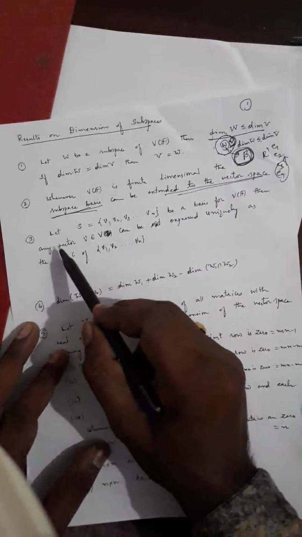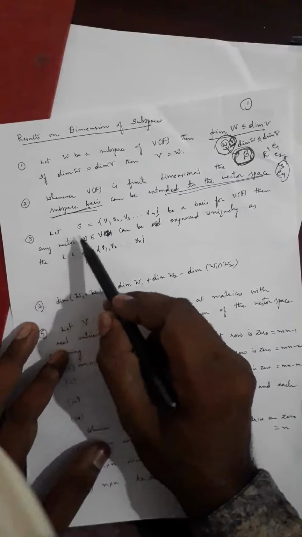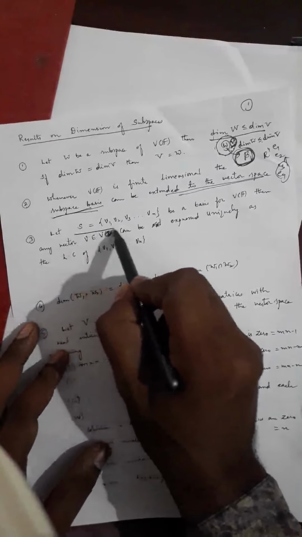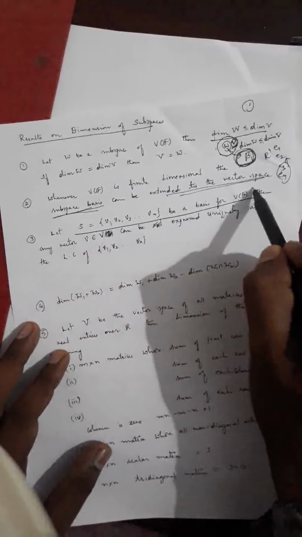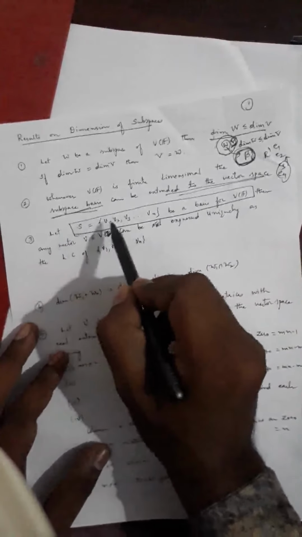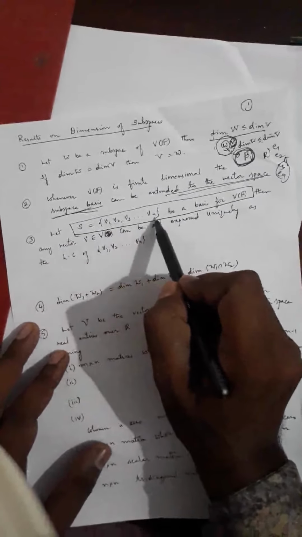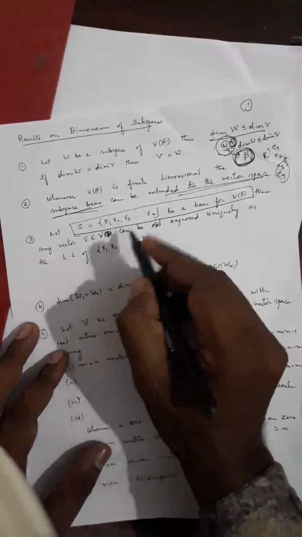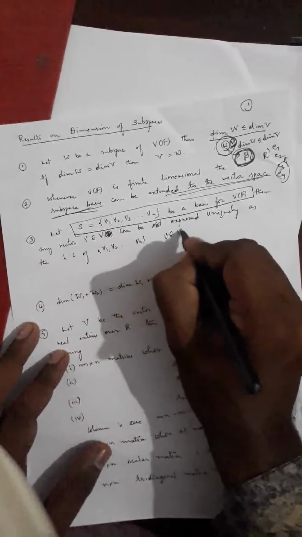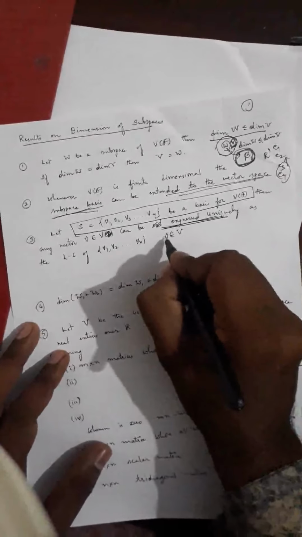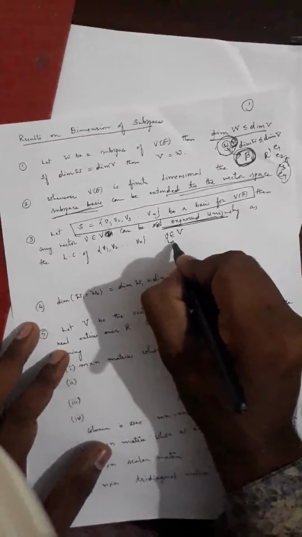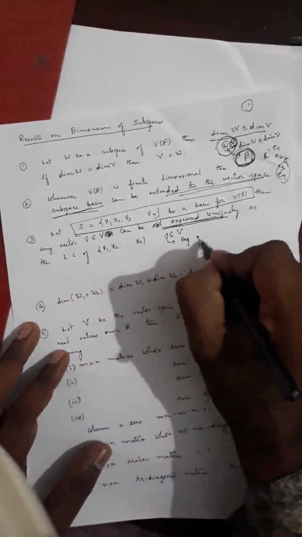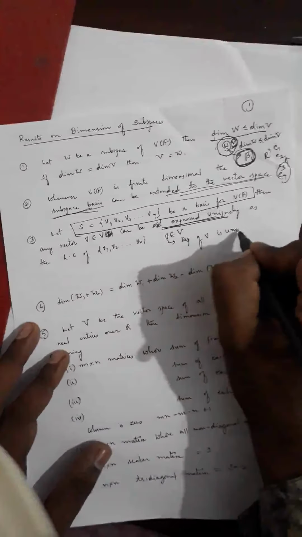Then the third one is, if V over F has the basis V1, V2, etc. up to Vn, then any vector in the vector space V can be uniquely expressed. So if I have one vector, then its representation is unique.